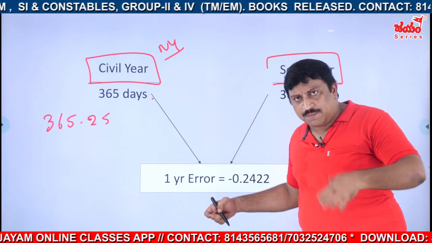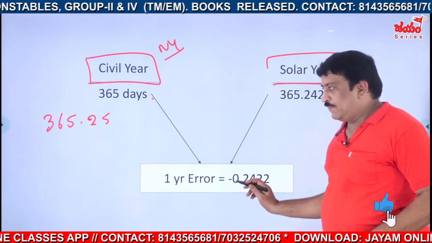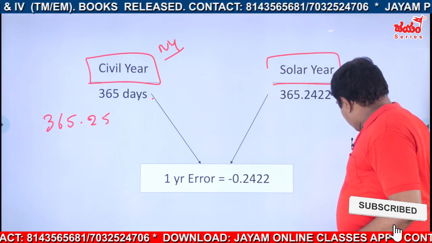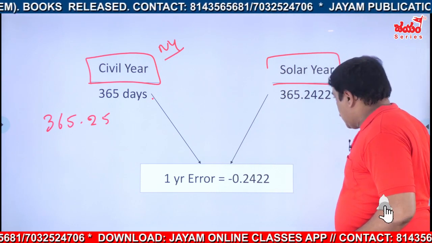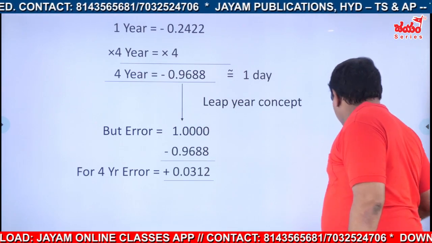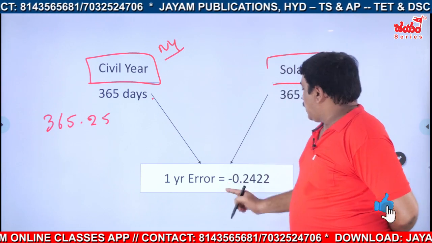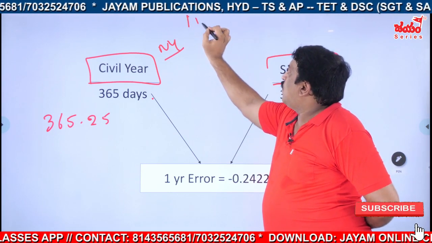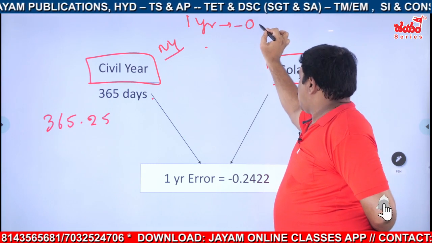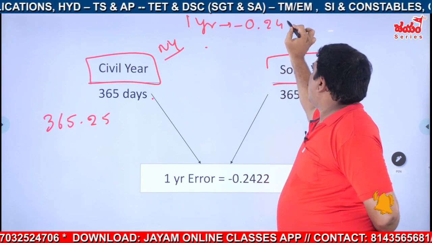You have taken less time. Right? Okay. Now, for 1 year, how much is it? This is minus 0.2422 for 1 year.